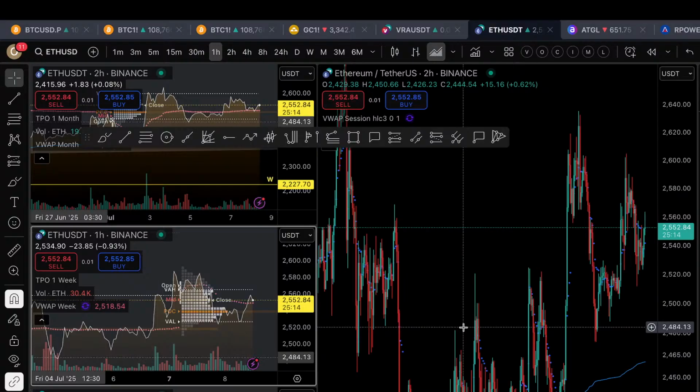So in ETH I was looking at, on ETH we're rejecting this value here, so for a move up we need to get acceptance above 2760.